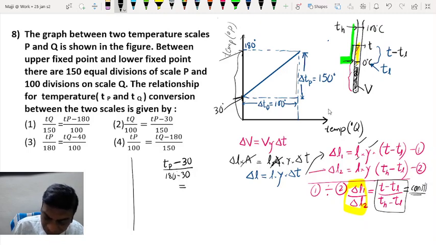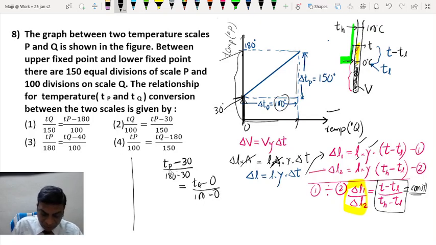This should be the same as for temperature scale Q. See, TQ minus the lower fixed point, which is 0 because it is starting from here. This is 0 for Q, upon 100 minus 0. So therefore the correct answer is the second option. You can see (TP minus 30) by 150 is equal to TP by 100.